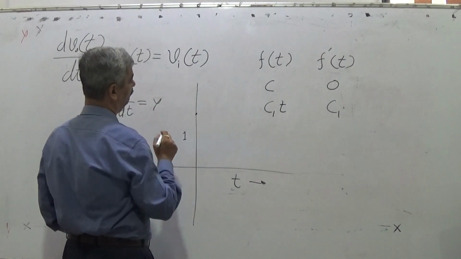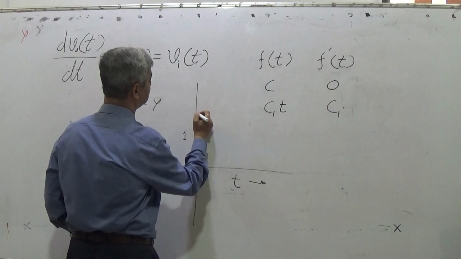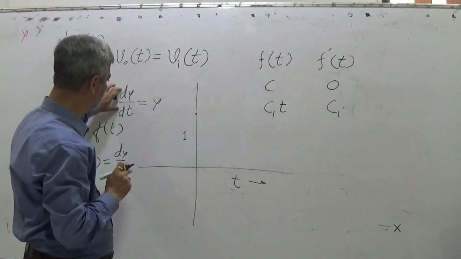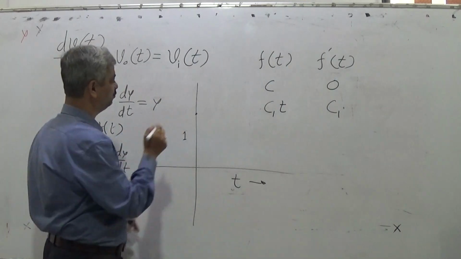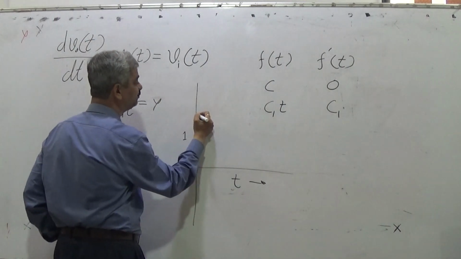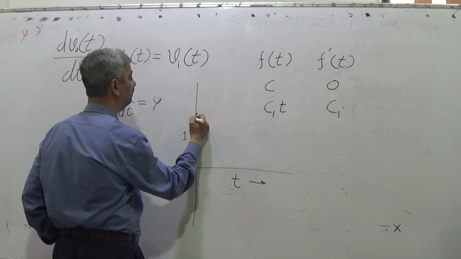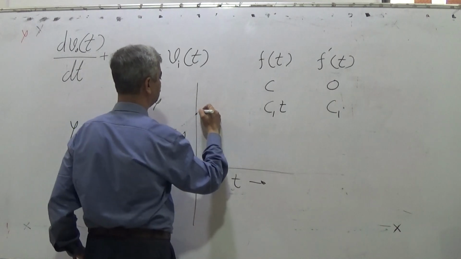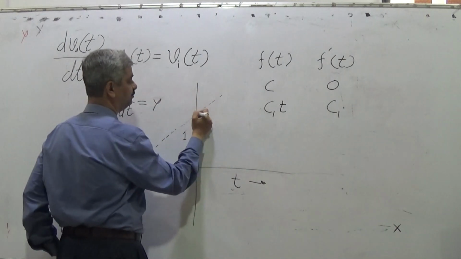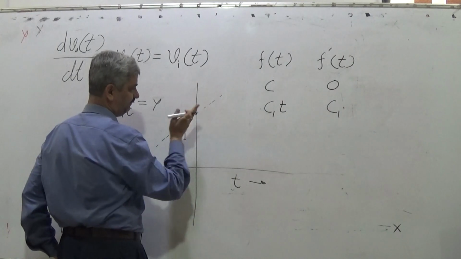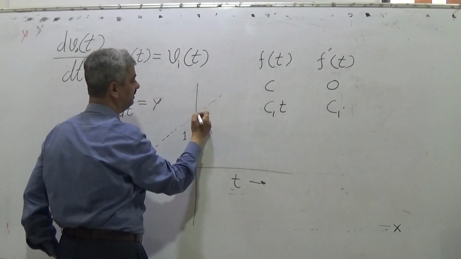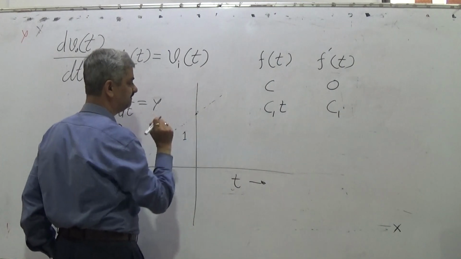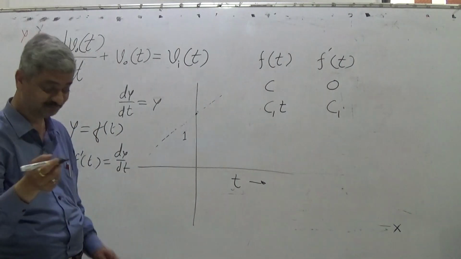So as t proceeds, what is dy by dt? dy by dt is slope. At t equal to 0, y is 1, so here the slope should be 1. Slope 1 means 45 degrees, a positive slope. As t advances, y will advance and y will be more.